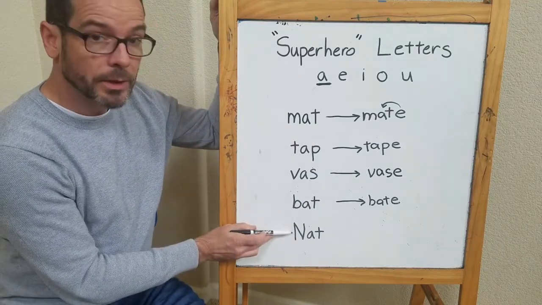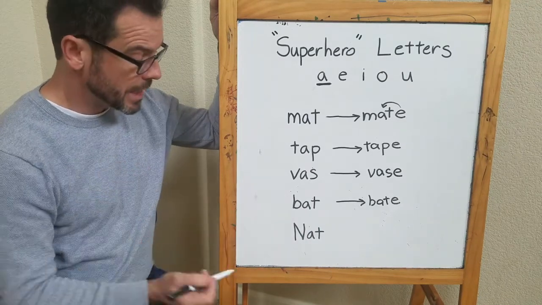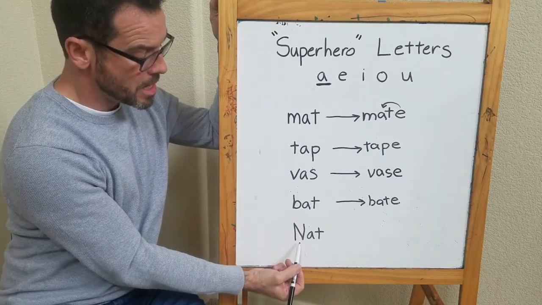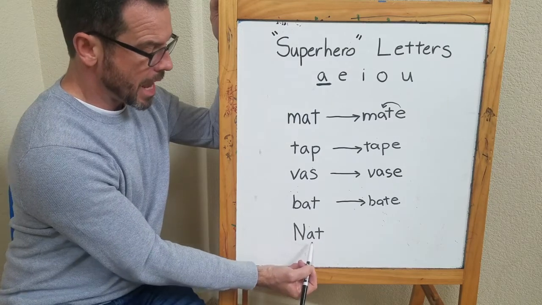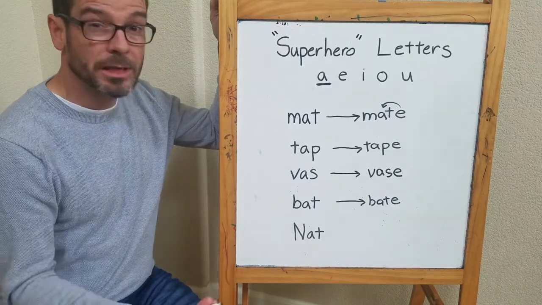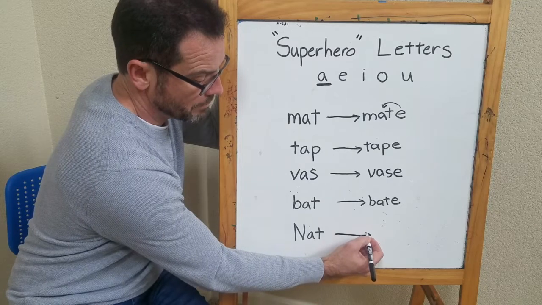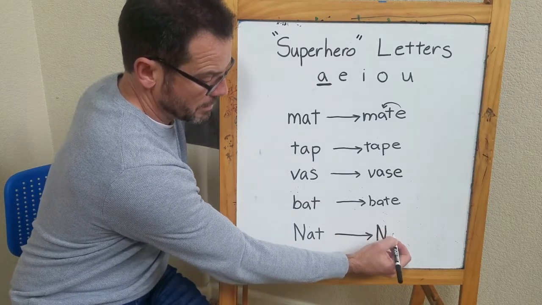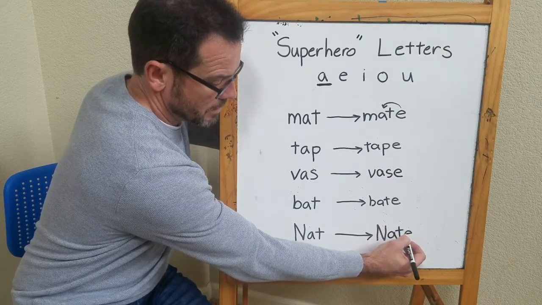Since this is an uppercase letter, you know that it is, that's right, somebody's name. You got it. Let's go ahead and sound out this person's name. Nat. Nat. Yeah, that is someone's name, sometimes short for Natalie. Let's go ahead and see what happens if we add that bossy E. N-A-T-E.